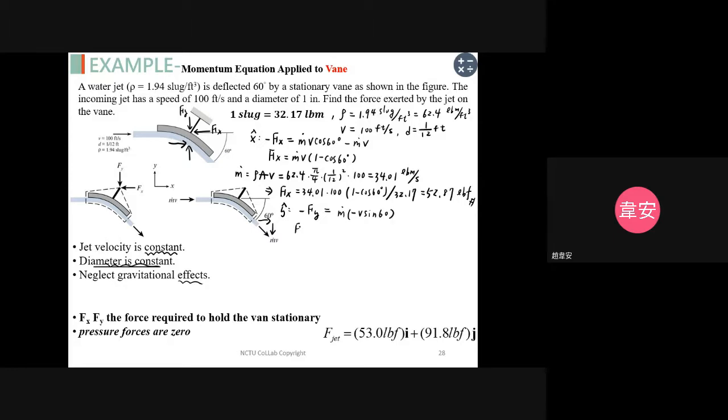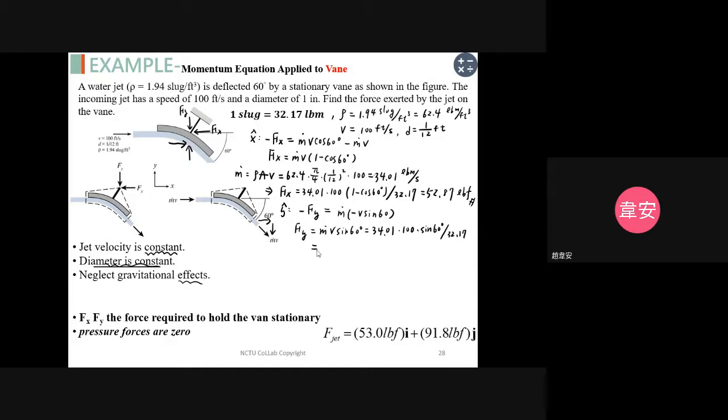So we know that Fy is equal to m rate times v times sine 60 degrees. The m rate here again is 34.01 multiplied by 100 ft per second multiplied by sine 60 degrees, divided by 32.17 to convert the force unit to pound force.